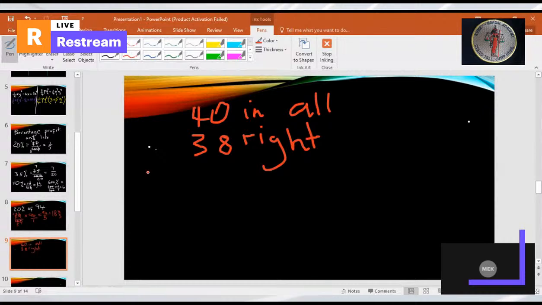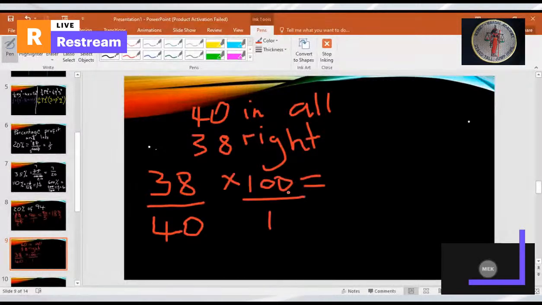So what you do is you put the 38 sums that you got right over the full sums, and you're going to multiply that by 100 to express it as a percent.